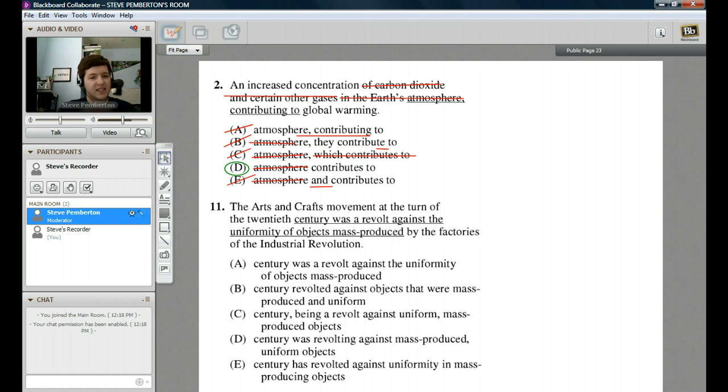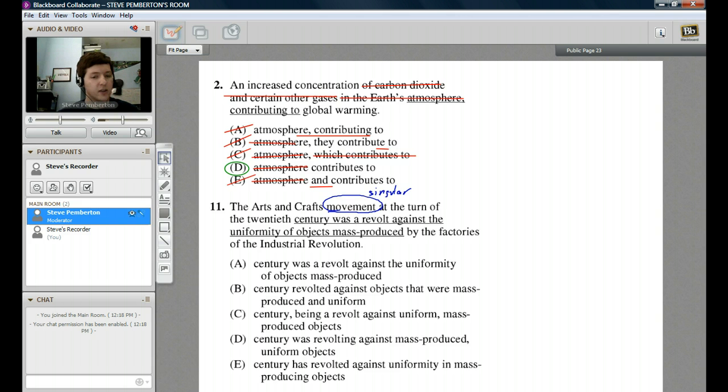But since it's just a single whole movement, the subject is actually singular because it's the movement that matters. So the verb later on should also be singular. So "the movement at the turn of the 20th century was a revolt." "Was" is a main verb, and "was" is singular. So right now it's matching.